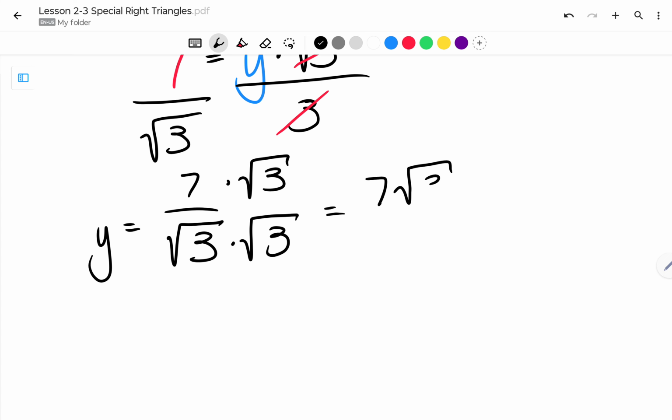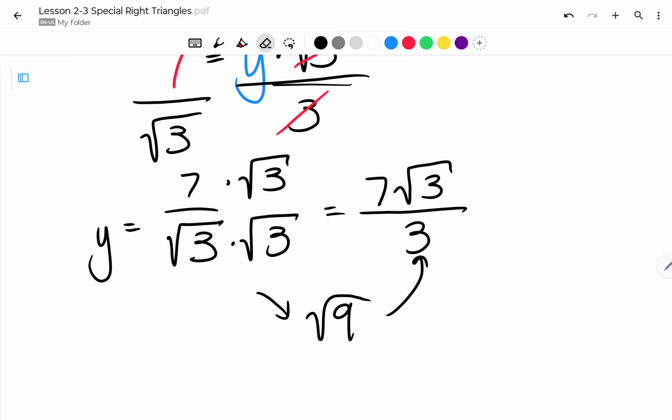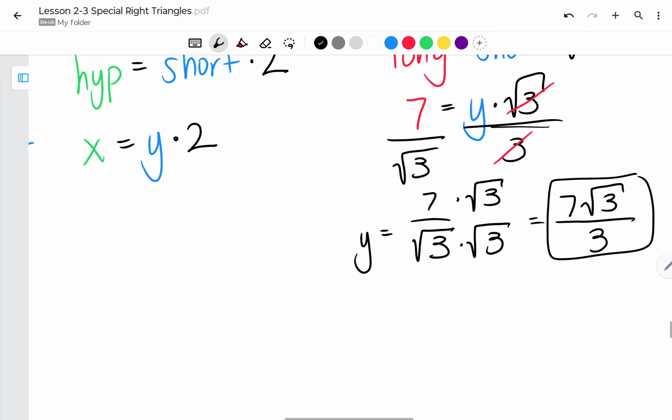So the top is 7 square root of 3. And then the bottom is what? Square root of 3 times square root of 3, which is square root of 9, which turns into, yes, 3. Good job. Okay. Can I simplify this anymore? 7 divided by 3, that's a decimal. Square root of 3, no, let's keep it as that. That's your y.